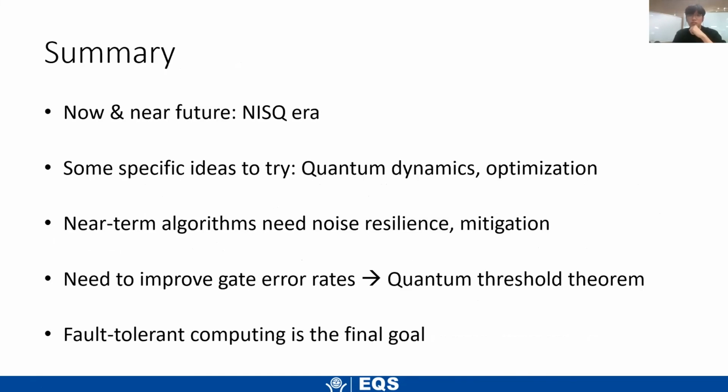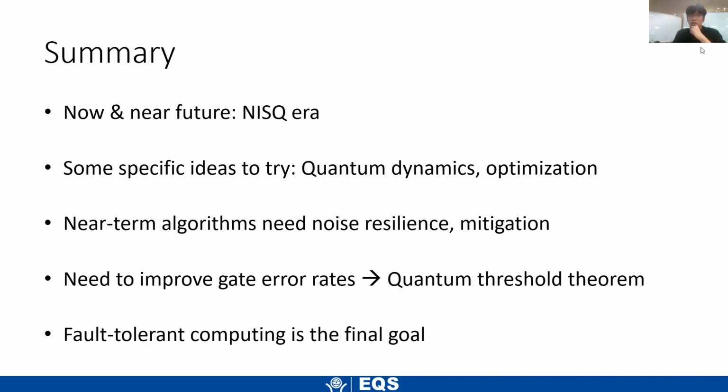And so in summary, right now and in the near future, we will be using NISQ computers. And we have some specific ideas to try to use these computers, like quantum dynamics or optimization. Because of the noise levels, we need noise resilience built into the algorithms and noise mitigation techniques.